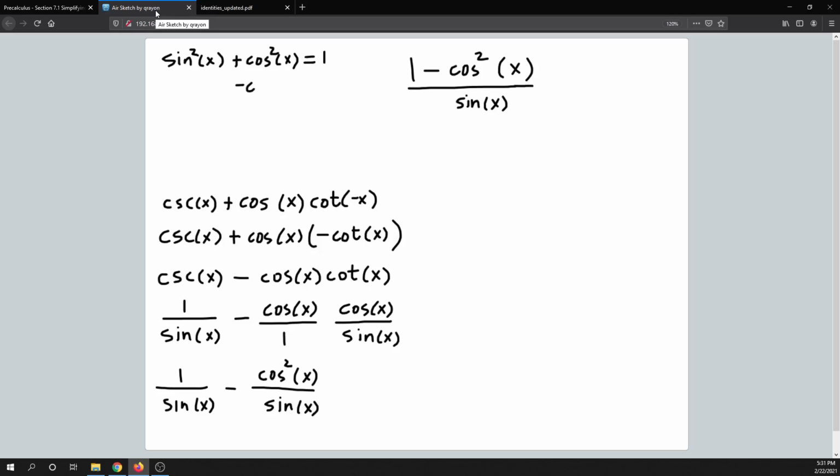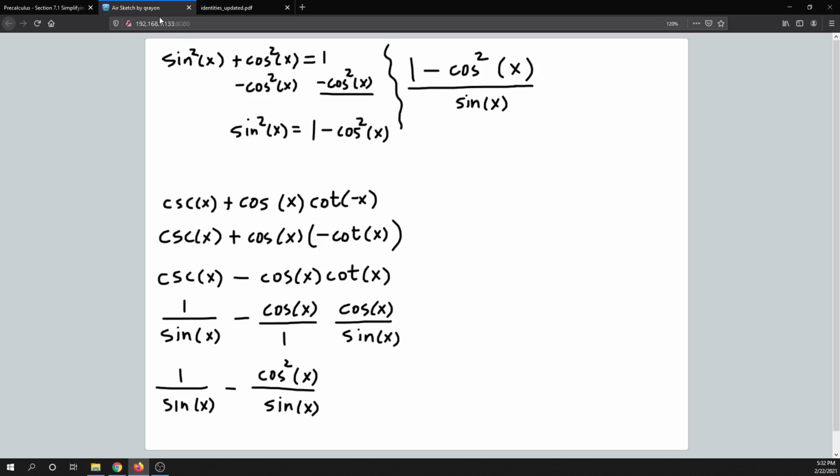So if I subtract cosine squared x from both sides, then I get sine squared x equals 1 minus cosine squared. Like so, okay?